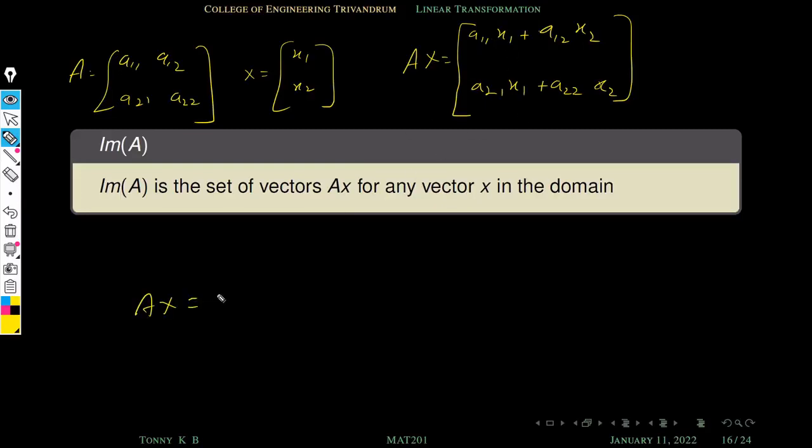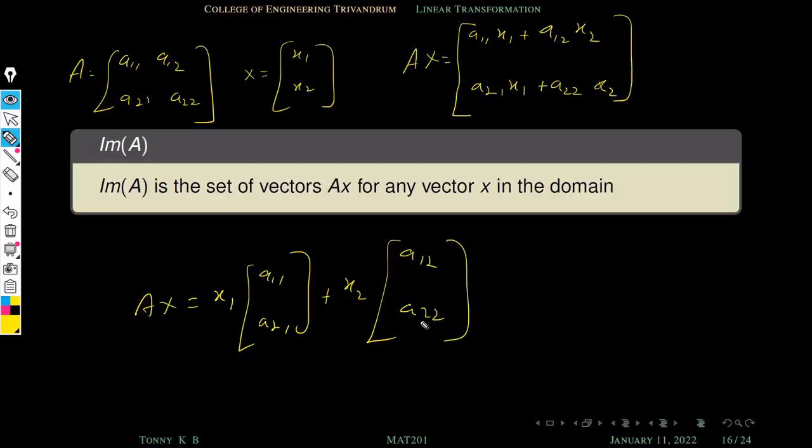Here x1 is common, so you can write x1 into the vector A11 A21 plus x2 into the second vector A12 A22. Clear? If you expand this matrix, this gives the same elements. X1 into A11 plus x2 into A12, and the second term is x1 into A21 plus x2 into A22.